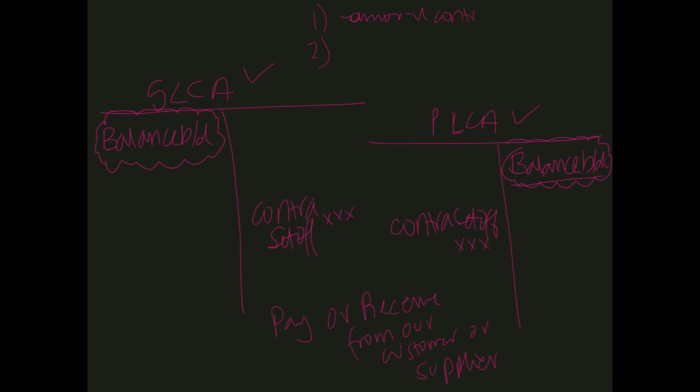It will be mentioned that the amount you have to record on the credit side of the sales ledger control account and the debit side of the purchase ledger control account is the same. They will give you this amount in the question named as contra set off, or they will give you the sales and purchase balances.